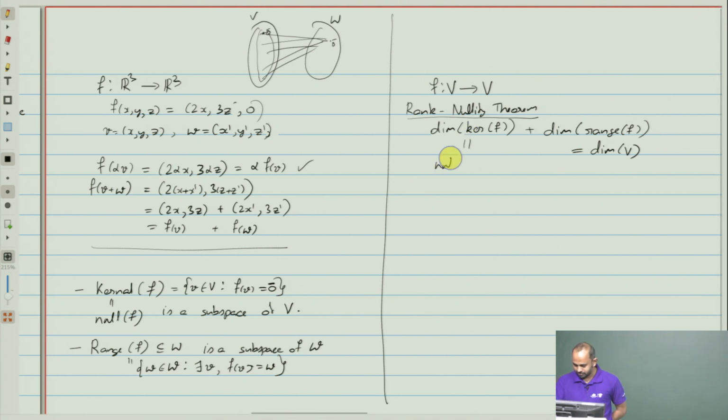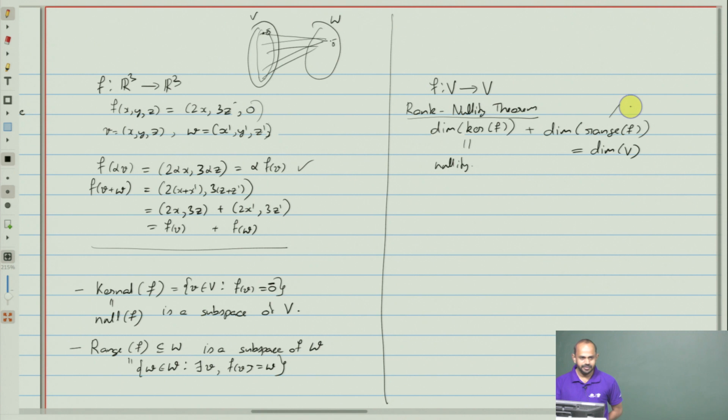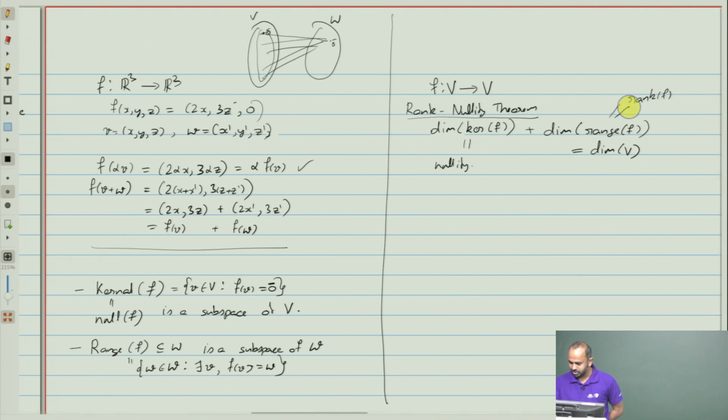Yes. The dimension of the kernel of f is called the nullity, and the dimension of the range of f is called the rank of f. The rank of a matrix is basically the same as the rank of the linear transformation corresponding to the matrix. If you do a matrix multiplication, that is a linear transformation, and the rank is the dimension of the range of that output.